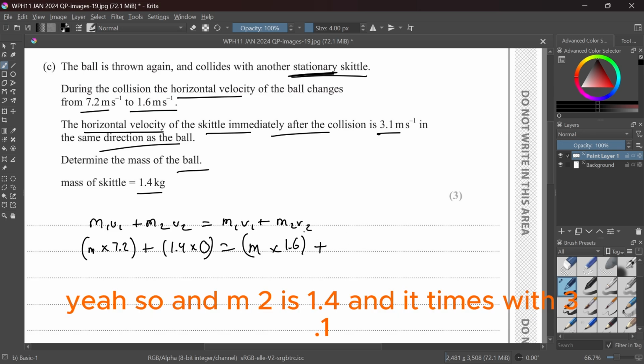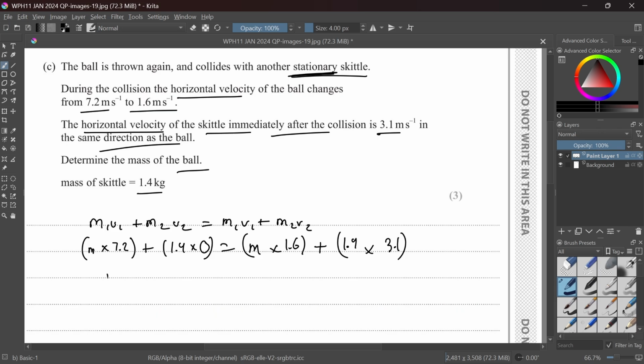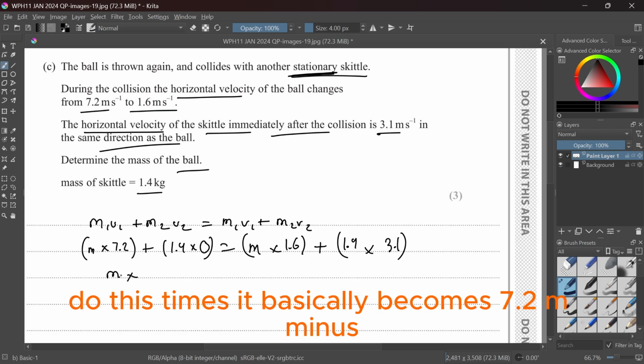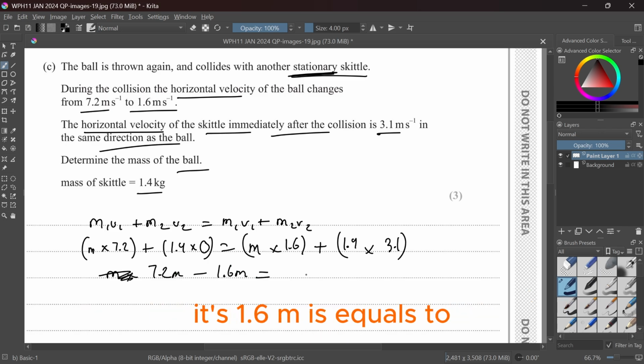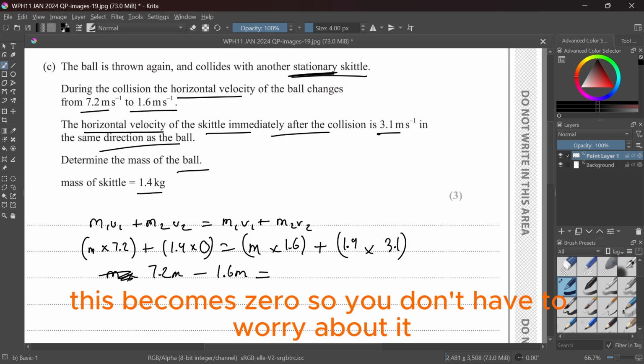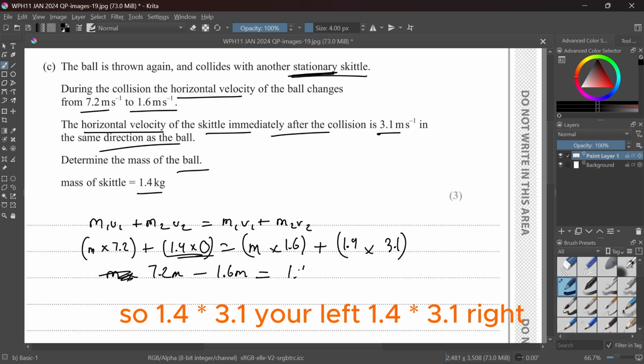Yeah, and m2 is 1.4, times 3.1. It basically becomes 7.2 m, and if you shift it to the left side, minus 1.6 m equals, this becomes 0 so you don't have to worry about it, because anything multiplied by 0 is 0. So you're left with 1.4 times 3.1, right?